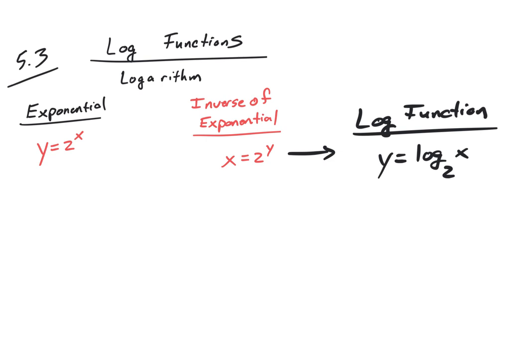Two is the base. The base of the exponent is the base of the log. It's the first thing we're always going to look at, and I'll say that a lot. The base of the exponent and the base of the log are always the same thing. My exponent is the number that comes over here. So we're going to say 2 raised to the y equals x. So the log is really the only thing that gets inserted there, and we're just rewriting it in a different form. So rather than writing it like this, we can now write it like this.